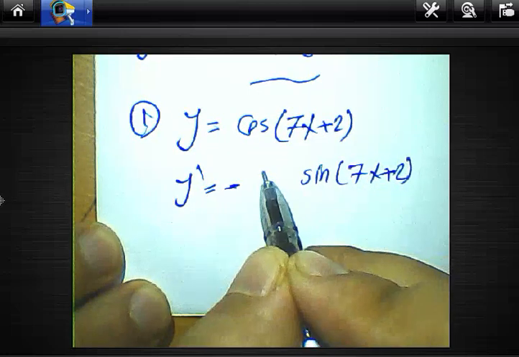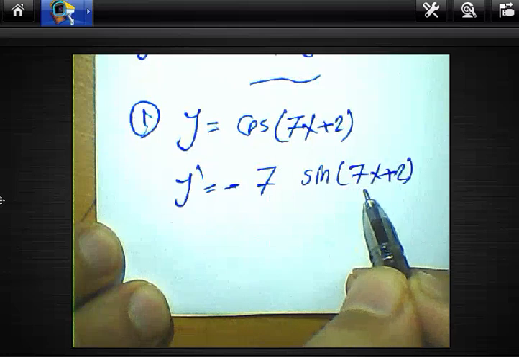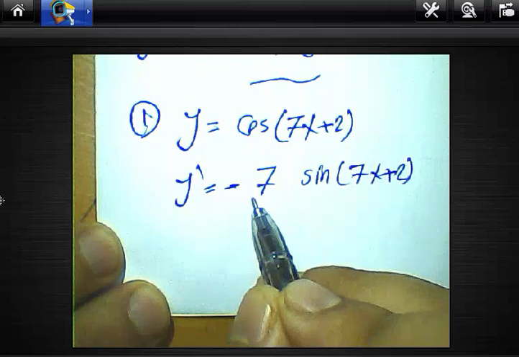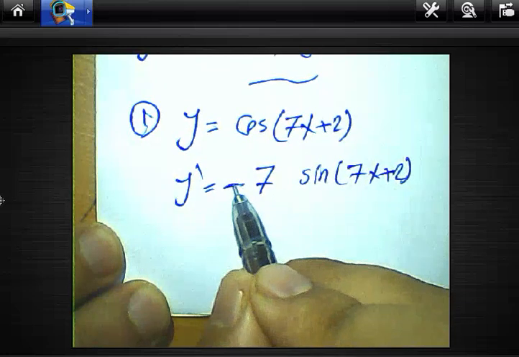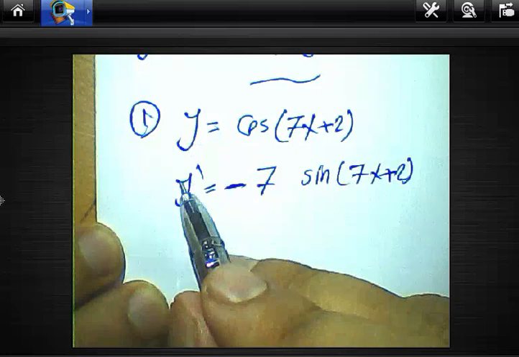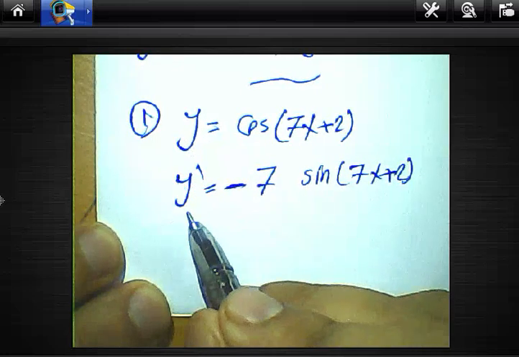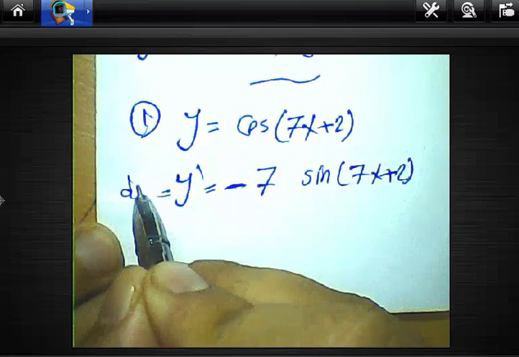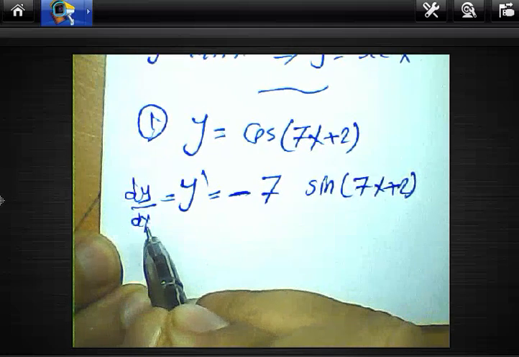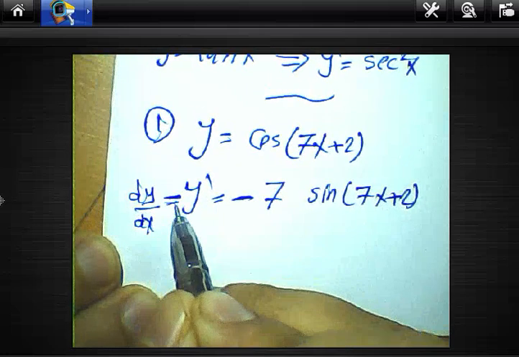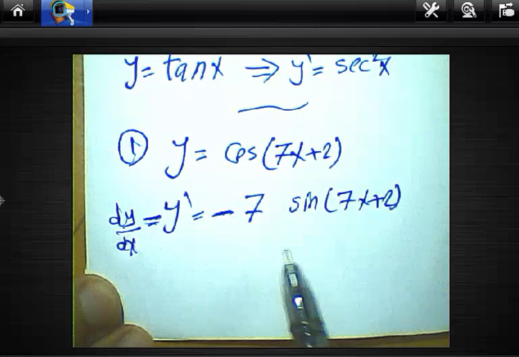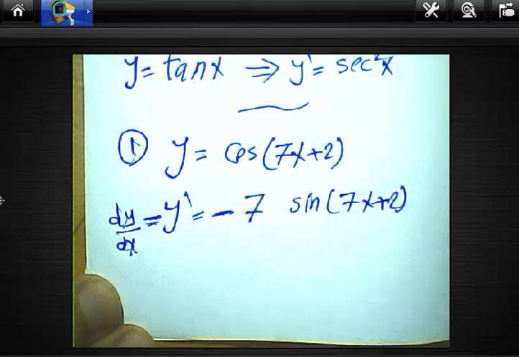The derivative of 7x plus 2 will be 7. The derivative of 7x will be 7, and the derivative of 2 will be 0. So the result will be the derivative of y, dy over dx, meaning y dash equal negative 7 sine 7x plus 2.